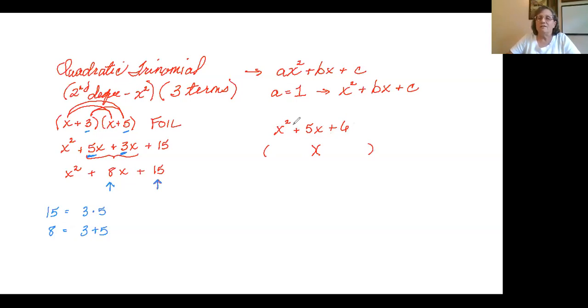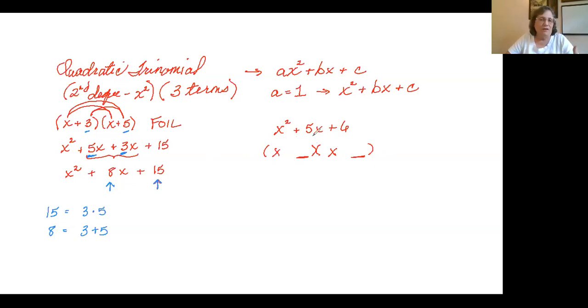But in this case, as long as it's just a plain x squared, then these are going to be an x times an x. We didn't even bother here to talk about how the x squared came about, because it was just x times x. The numbers that go here have to multiply out to 6 and add up to 5.